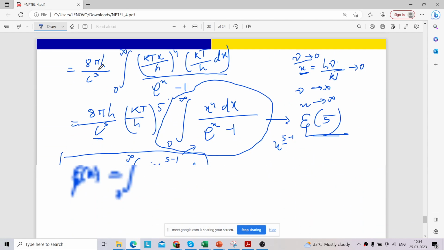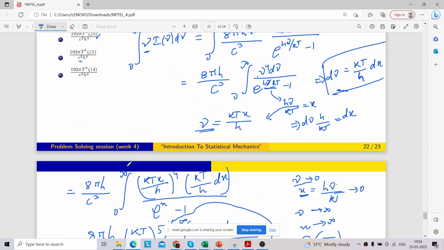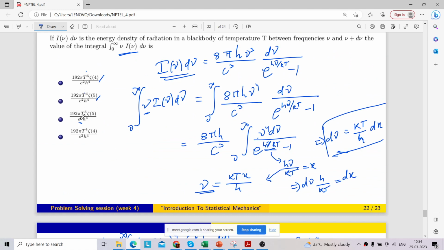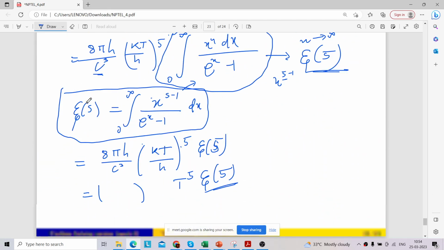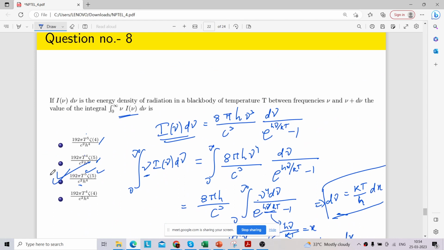So let's check our answers. We are getting the answer in terms of temperature to the power 5, and we are getting zeta 5, and all other constants you can calculate, and you can try to get this number. So which is matching with our answer? We have T to the power 5 here and zeta 5, so this is the correct answer. So it's done.